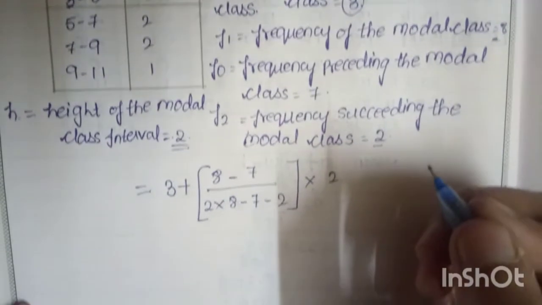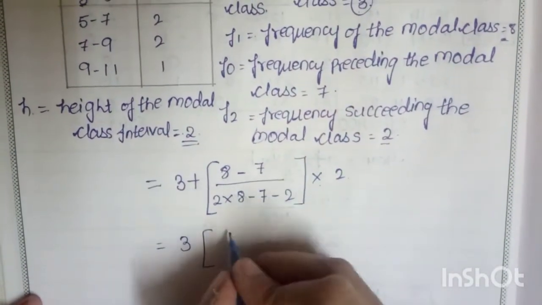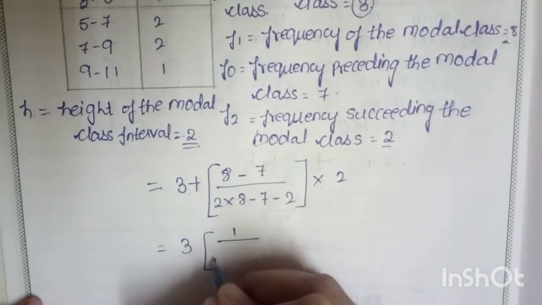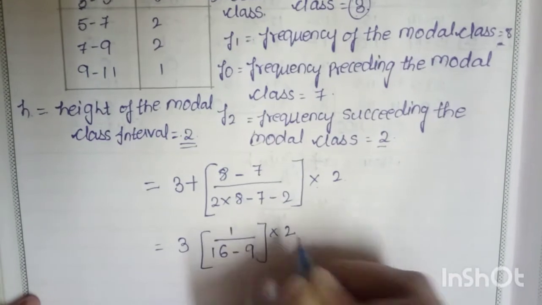Now on simplification, you get 8 minus 7 is 1 by 8 twos are 16 minus 9, into 2.